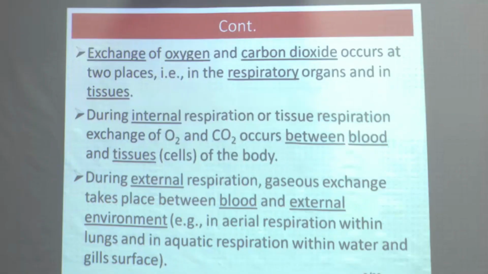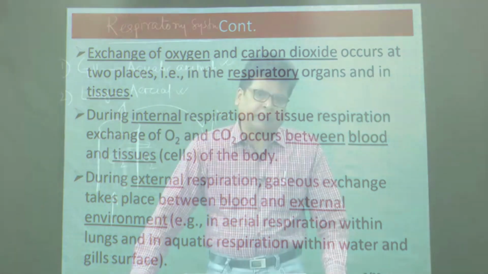During internal or tissue respiration, exchange of oxygen and carbon dioxide occurs between blood and tissue of the body, and during external respiration, gaseous exchange takes place between blood and the external environment. That means if this is aerial respiration, it is within the lungs, and if this is aquatic respiration, then it is between water and the gill surface, okay.